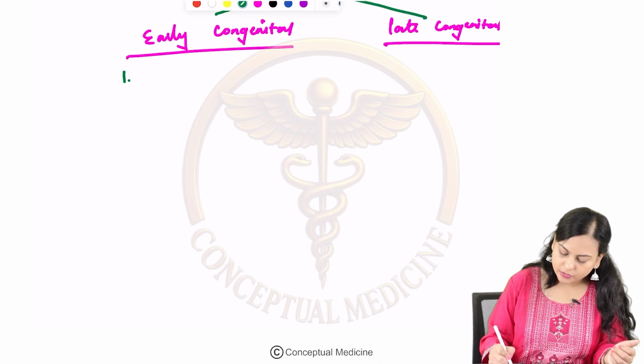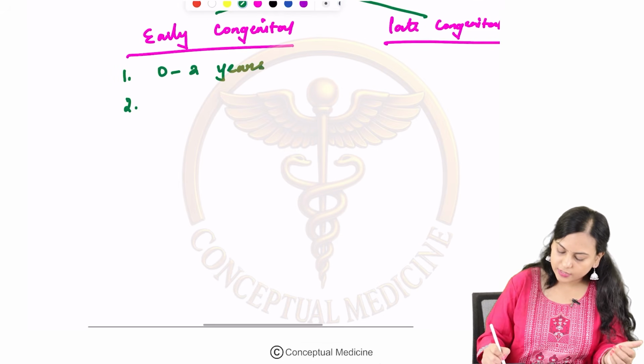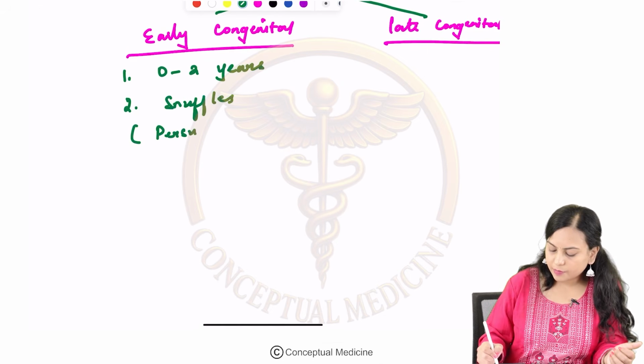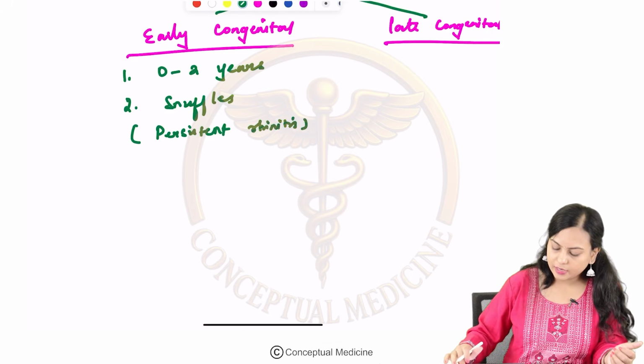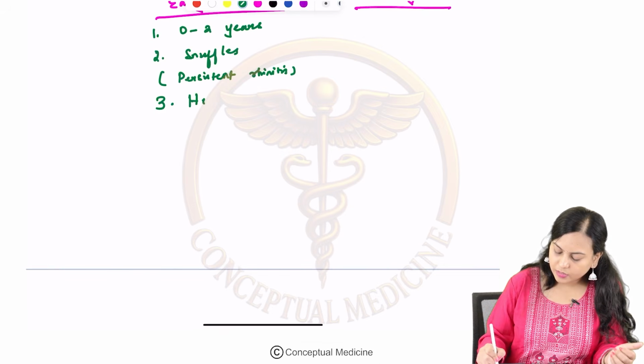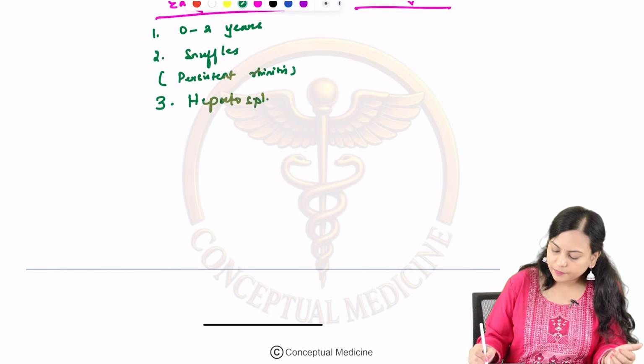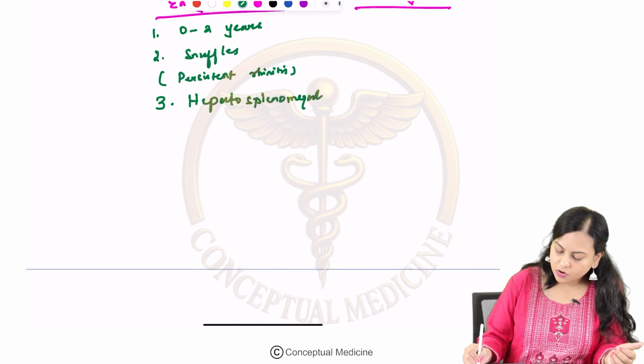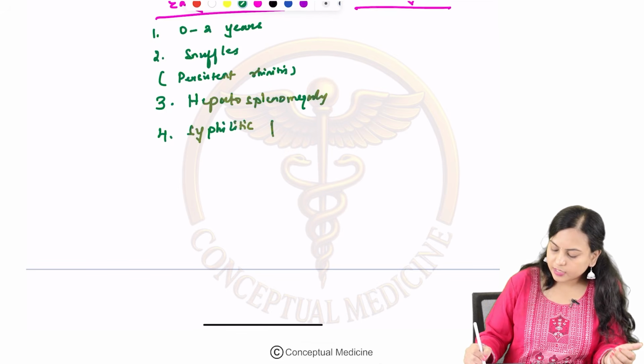Okay, so it is seen between 0 to 2 years of birth, and the symptoms include snuffles. Okay, snuffles means there is persistent rhinitis in the baby. Okay, and there can be hepatosplenomegaly, there can be syphilitic pemphigus.